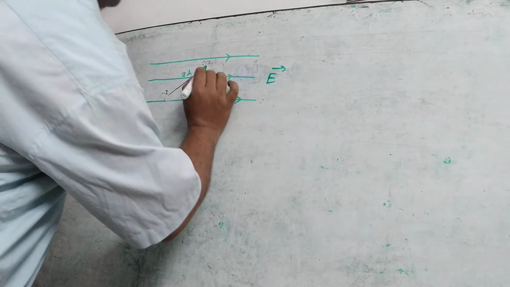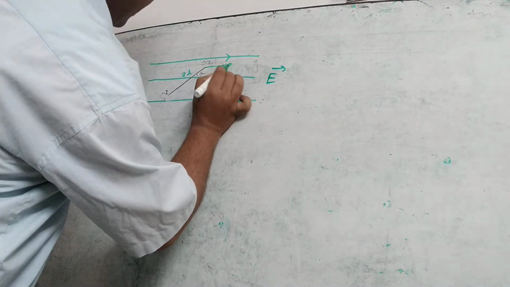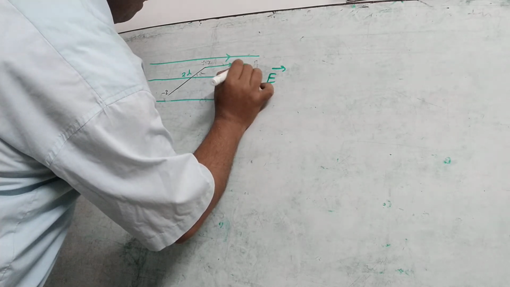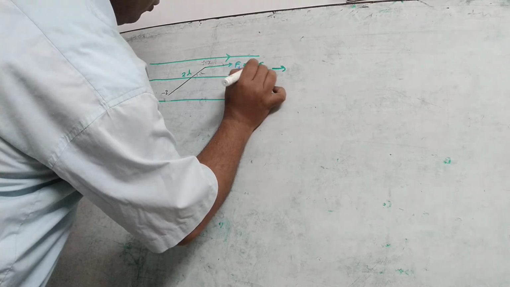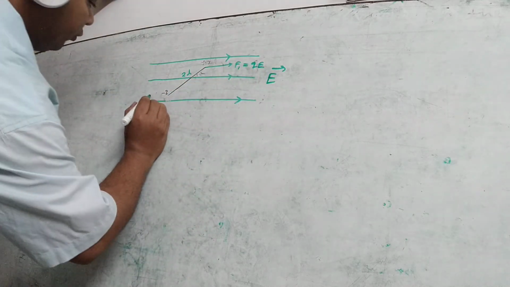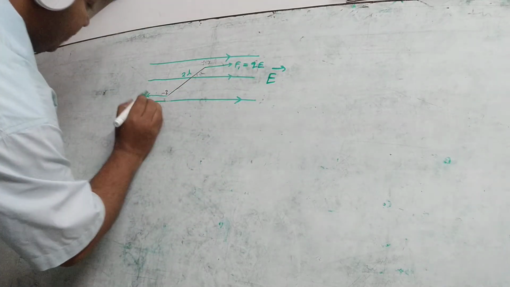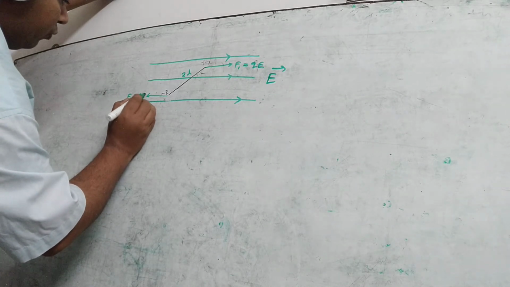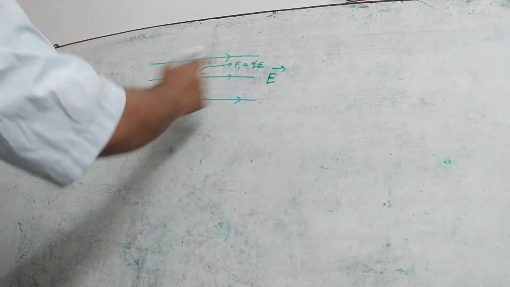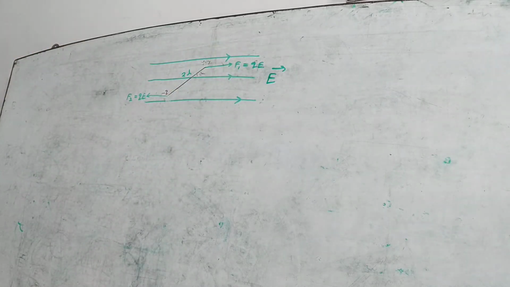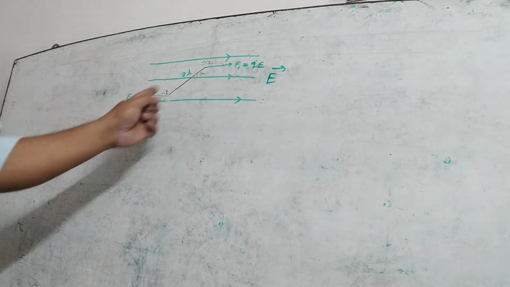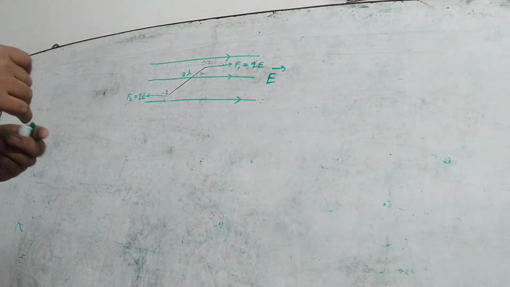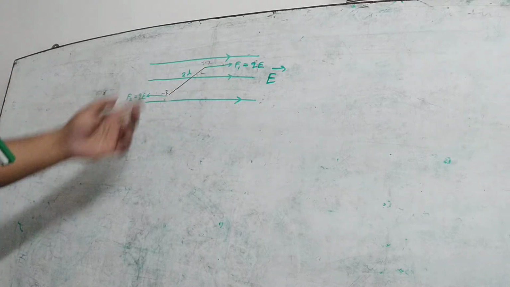Now the force acting on the plus q charge, F1, is equal to q into E, and the force acting on the charge minus q is also q into E. The magnitudes of the two forces are the same, but they act in opposite directions.